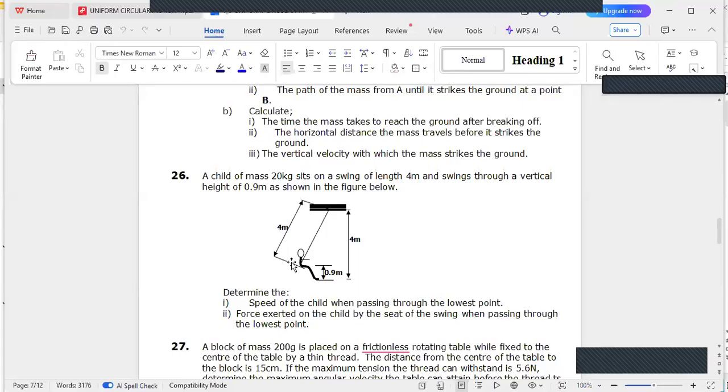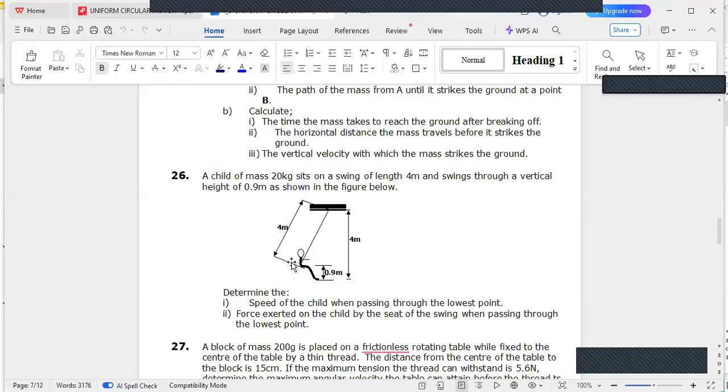Mass will cancel because the child remains 20 kilograms. gh equals a half v squared. Our g is 10. Our height is 0.9, equals a half times v squared.